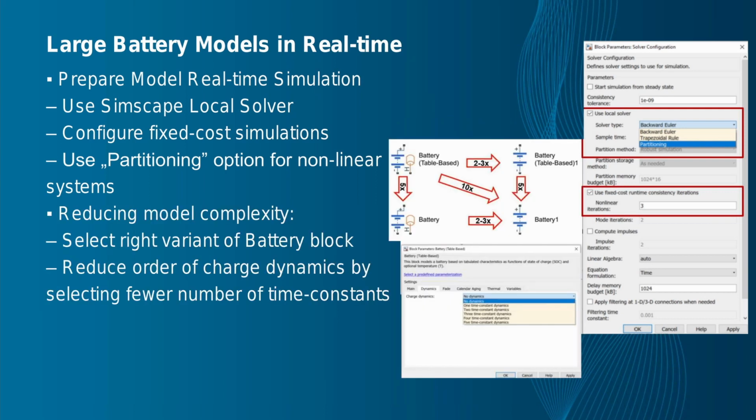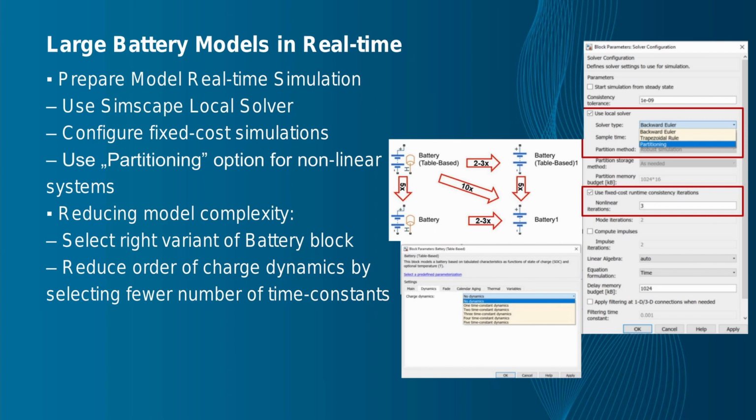As we add more complexity and detail to the model, it is very possible that we may not be able to achieve the desired sample time just by selecting the right solver. In this situation, specific to battery modeling, we have a few more options we can consider. The first option is to select the right variant of the battery block.